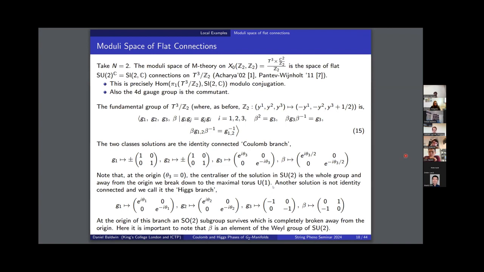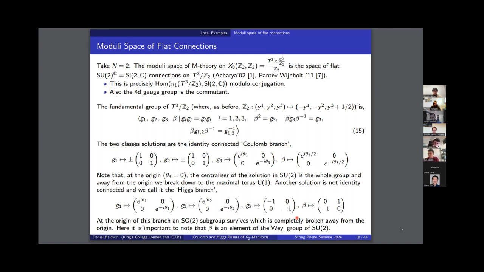Another possibility is not identity connected, and it has 2 parameters, θ1 and θ2, and the beta matrix is now off diagonal. At the origin of this branch, only an SO2 subgroup of SU2 commutes with these matrices, because this beta is off diagonal. And at a generic point, nothing commutes with these matrices.